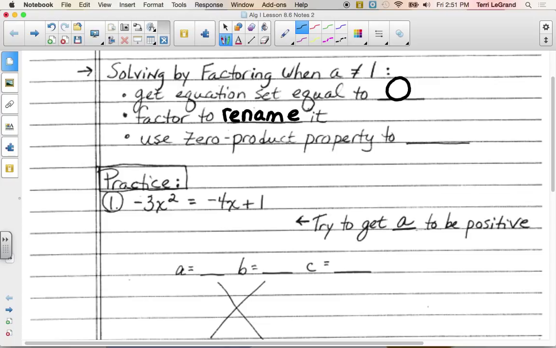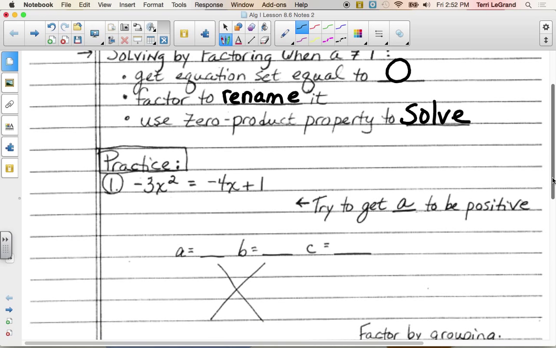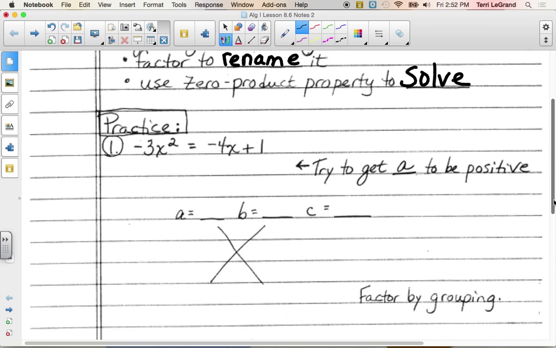So you're just replacing the trinomial with its factored name, and then you use the zero product property to solve. Set each of the factors equal to 0, solve for x. Okay? So that's nothing new. That's what we did yesterday also.